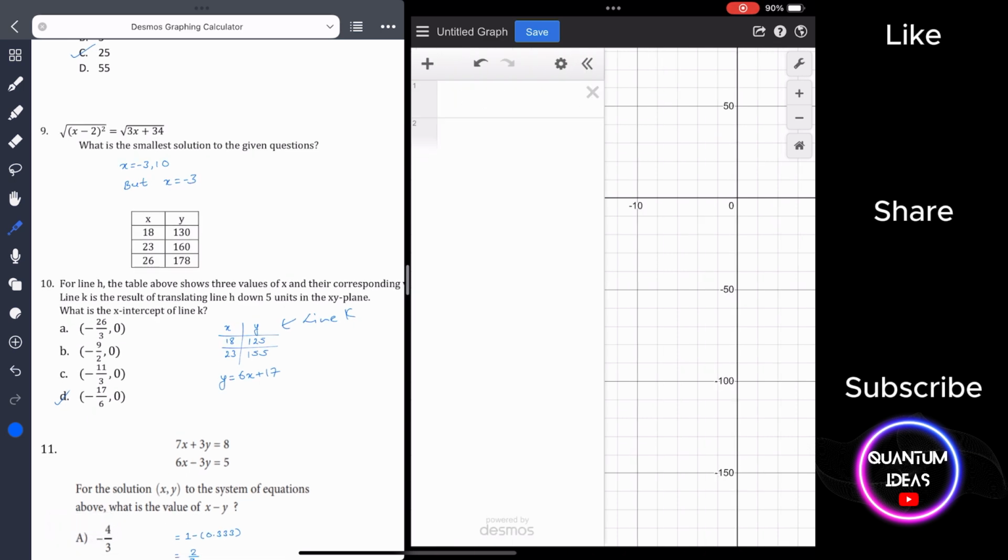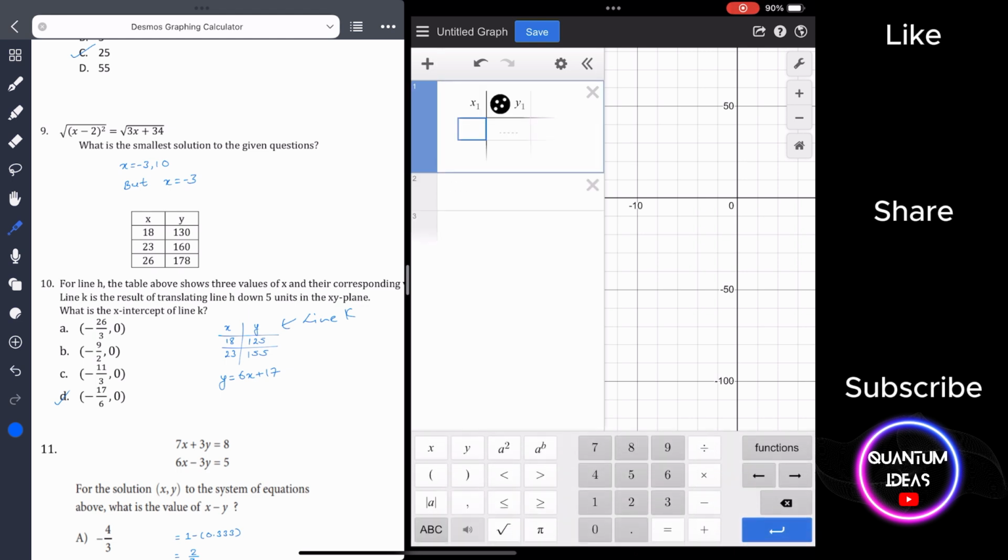First of all, just go ahead and add a plus and go to the table again. Plug in the value of 18. Instead of writing 130, we put 125, because we have already subtracted 5. So there is 23 and there is 155. Two points are enough. Then we have to find the line, right?